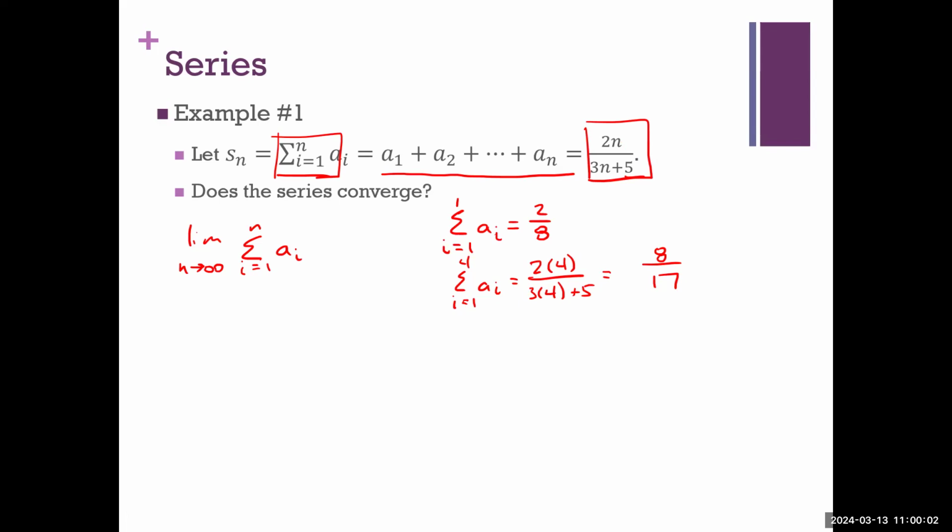I think we'll stop this example right here because there's more to unpack. But that 2n over 3n plus 5 does not tell me how to get a term in the sequence. It tells me how to get the sum of the first n terms. When you want the first term, it's the same, but other than that, it doesn't work that way. So let's stop that example there.